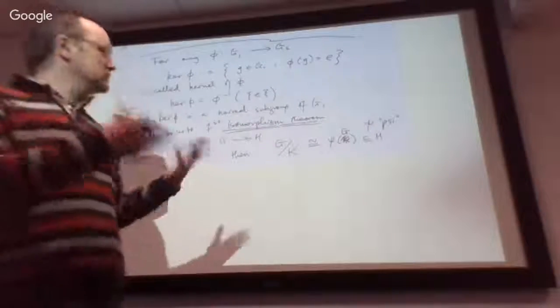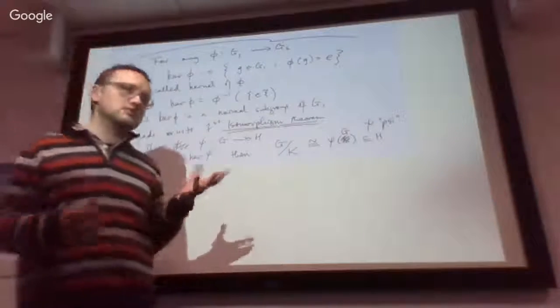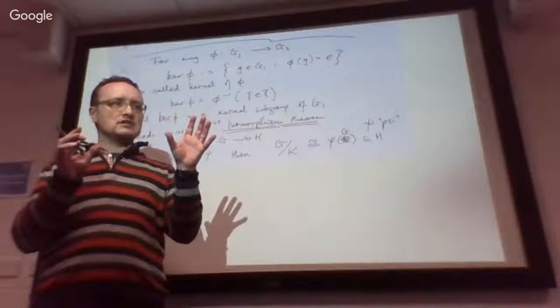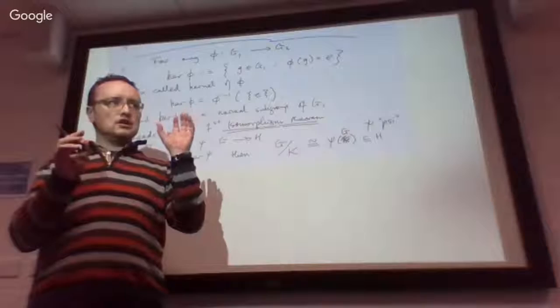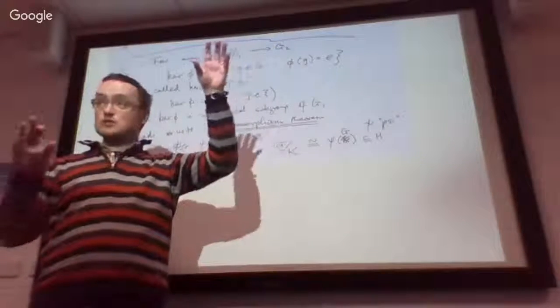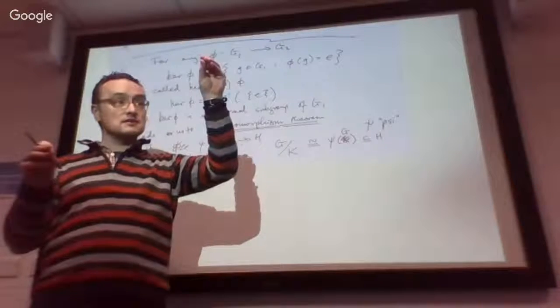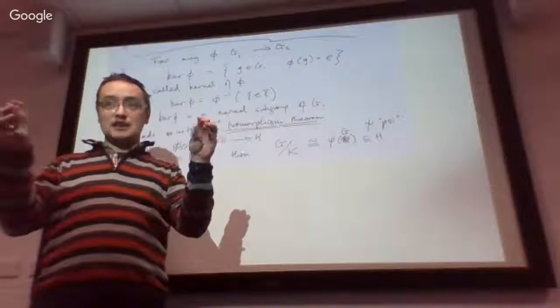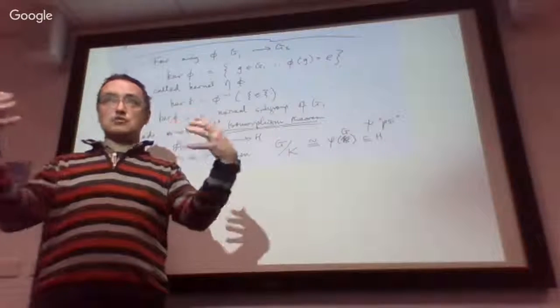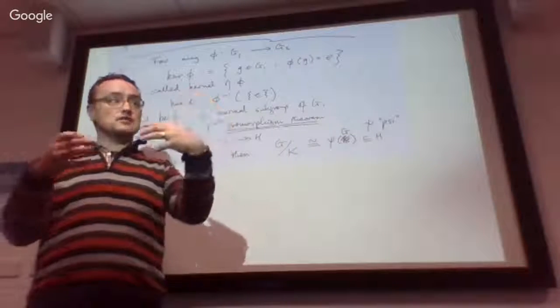Remember when we were talking about factor groups, we talked about them as a simplified way of looking at the group. You're clumping together elements and subsets, which were the cosets, regarding all those elements as being equivalent, and just looking at the group built out of the cosets.